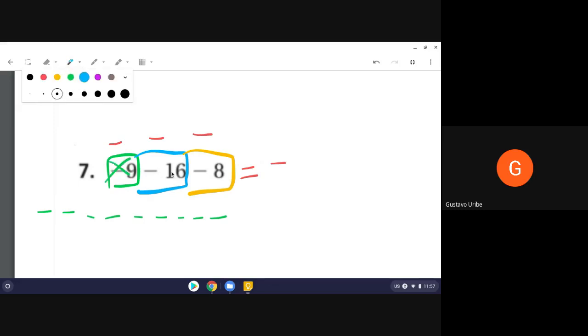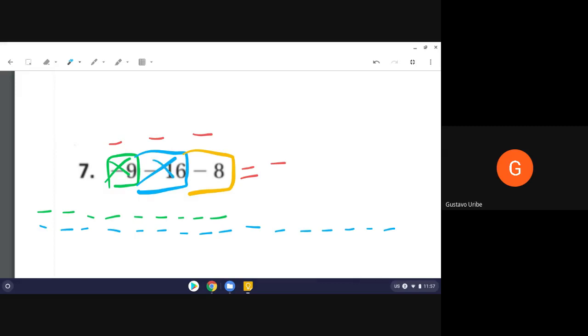Now let's do the 16 negatives. 1, 2, 3, 4, 5, 6, 7, 8, 9, 10, 11, 12, 13, 14, 15, 16. Perfect. Now let's do 8 negatives. 1, 2, 3, 4, 5, 6, 7, 8.